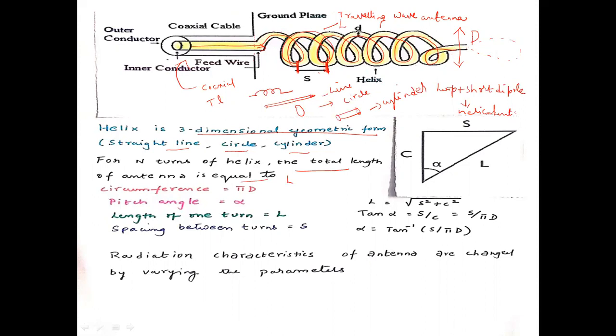So using these three parameters, we have formed a right angle triangle. Here you can find a new parameter alpha. What is this alpha actually? Alpha is nothing but the pitch angle. It can be defined as the angle between a line tangent to the helical axis and a plane normal to the helical axis.